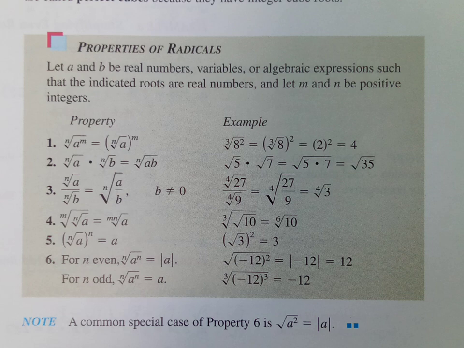So what this is about, this kind of goes back to those properties in a way. This is basically saying that we can do a to the m first and then take the nth root of that, or we can take the nth root of a and then raise it to the mth power. Either order is fine.